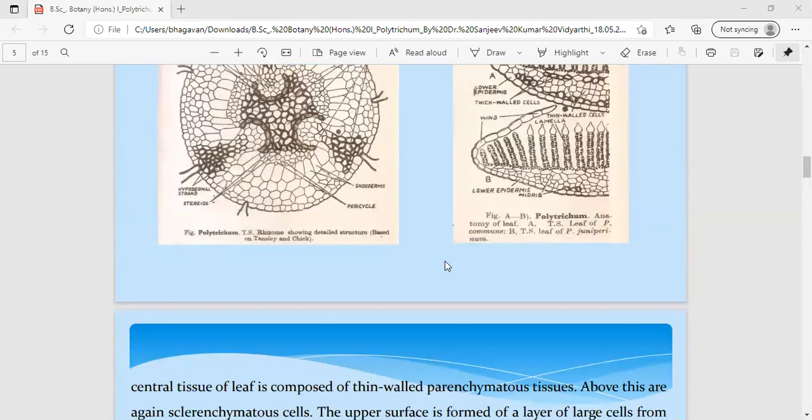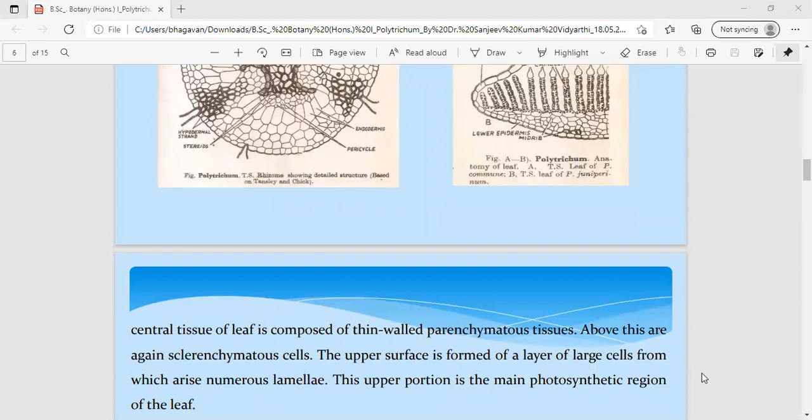Polytrichum is considered to be a connecting link, evolving into the vascular cryptogams. This is the evidence by which we can say that polytrichum is an advanced bryophyte, showing the presence of vascular tissue-like structures called hydrome and leptome.